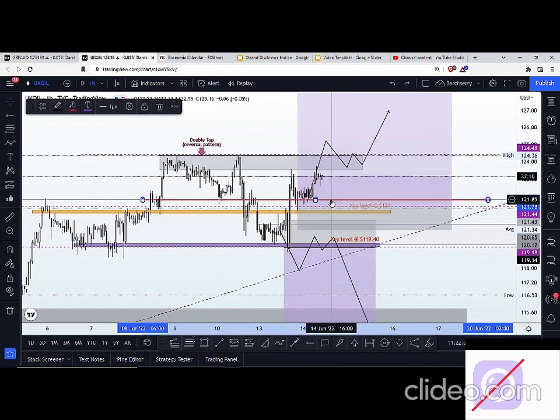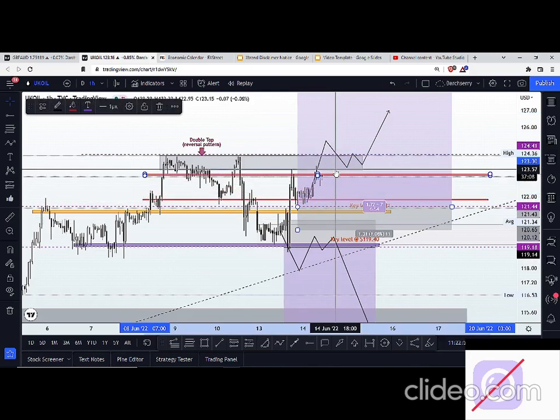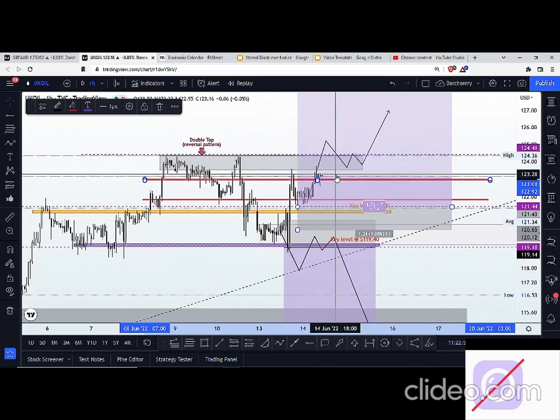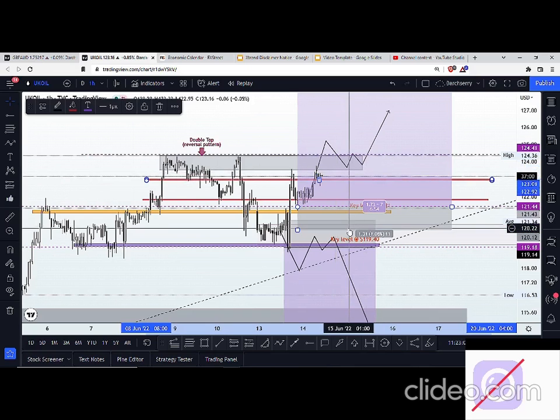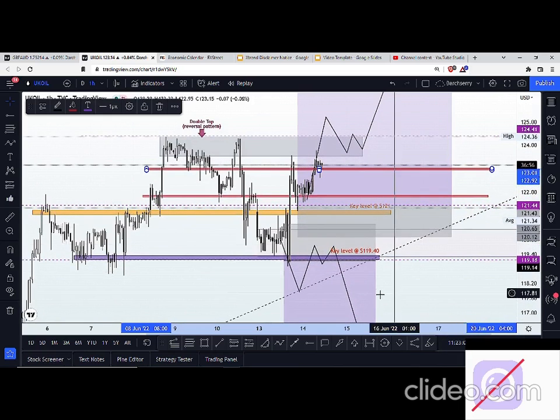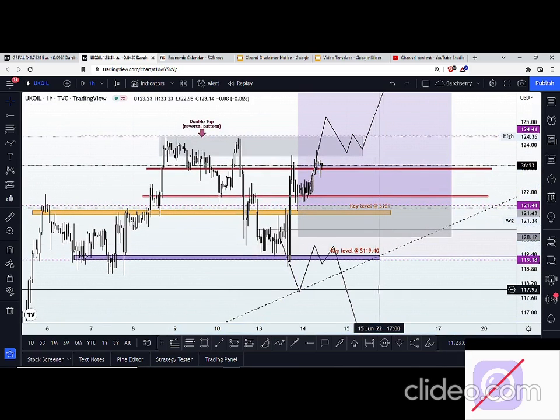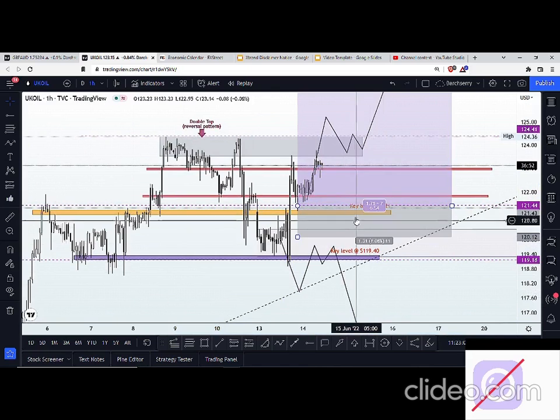That is, after the completion of that reversal pattern, we want to be moving the other stop loss to right below wherever the double bottom structure tested going into the New York session. So that is what our expectations are going forward. So that's the first scenario we have here.